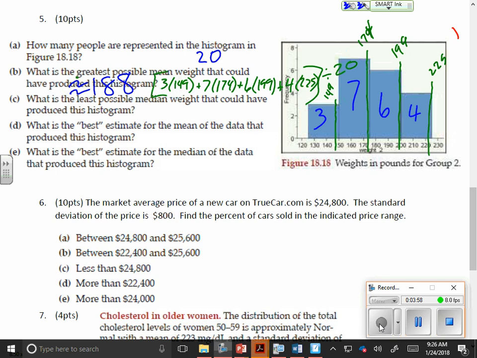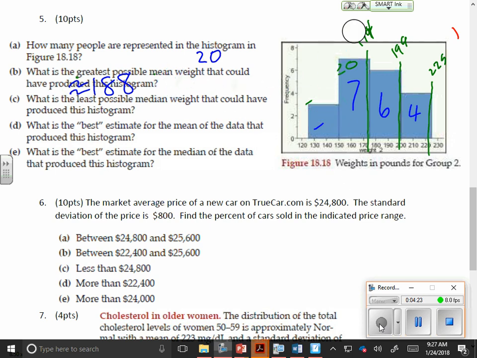All right, well, what is median? One in the middle. How many do we have? We have 20. So we're not going to have a single person in the middle. We're going to have to average person number 10 and person number 11. So let's just think about person number 10 and person number 11.